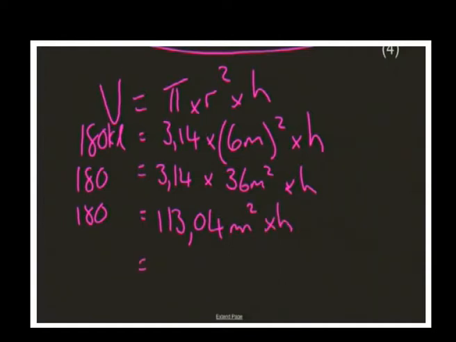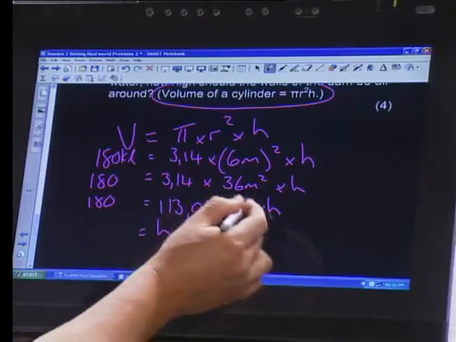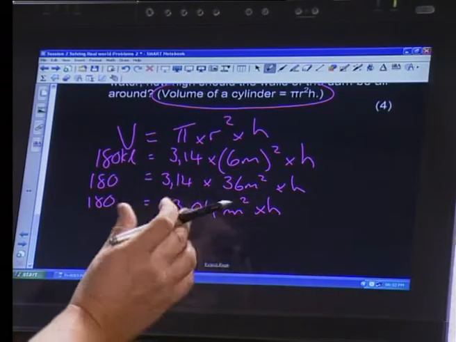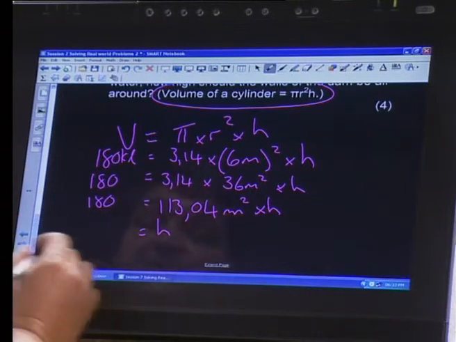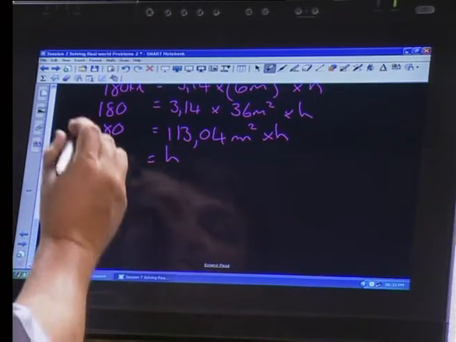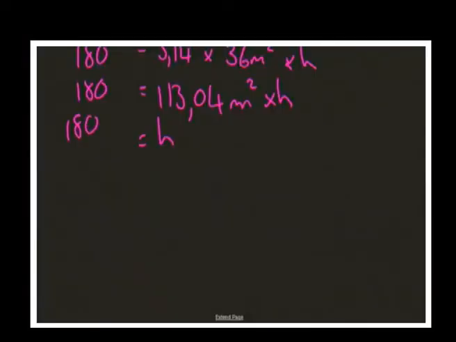I'm trying to find out h. Now, what sign is between the h and this whole huge number? Times. When that number goes across, what am I going to do? I'm going to divide. So I've got 180 divided by 113.04.